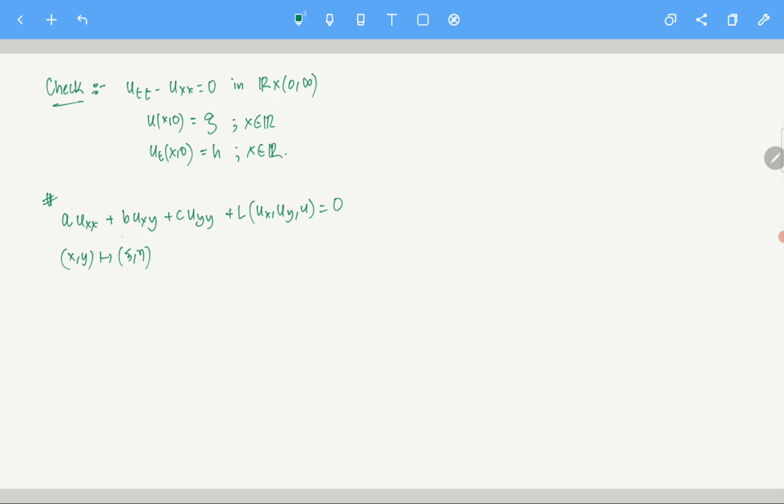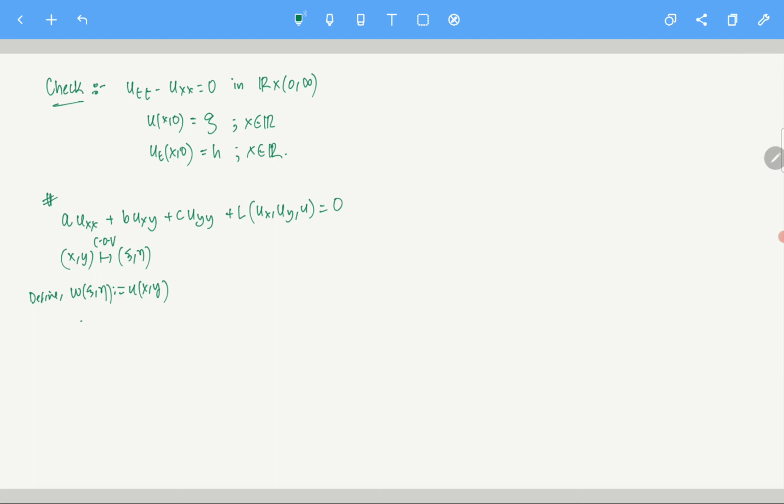I'm just roughly revisiting canonical form. There is a change of variable, and if you define w of (xi, eta) to be u of (x, y), you can show that there exists a change of variable.